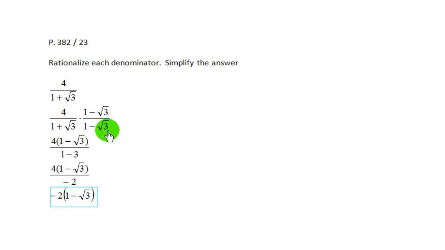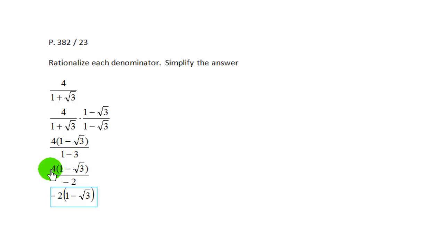What you're left with, in essence, is a plus b times a minus b, which will give you a squared minus b squared. So when I do that, in the numerator I have 4 times 1 minus the square root of 3. In the denominator, I get 1 times 1, which is 1, minus the square root of 3 times the square root of 3, which is 3. Or I'm left with 1 minus 3 in my denominator. 1 minus 3 is negative 2.